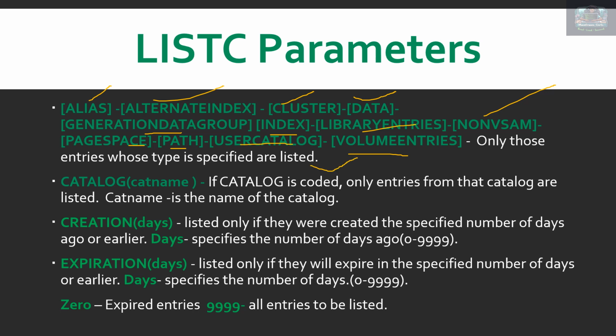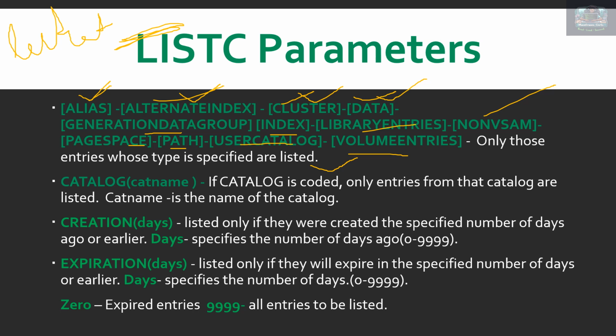Okay, it means that suppose how the LISTCAT command works is you give LISTCAT and the dataset name which you want. If you give these names separately, only then will you get this data listed. Otherwise it won't be listed.